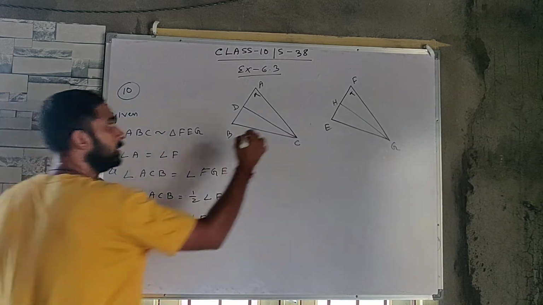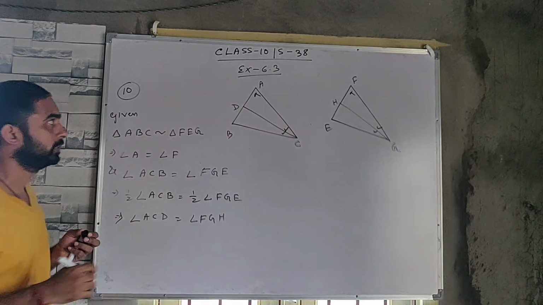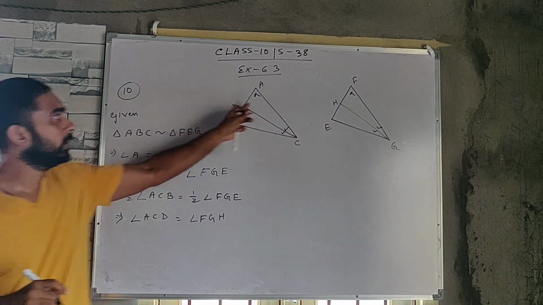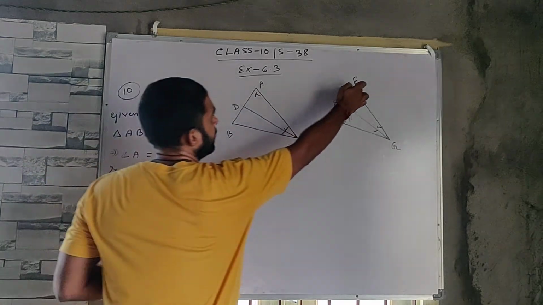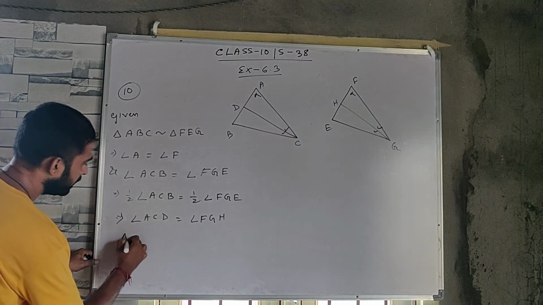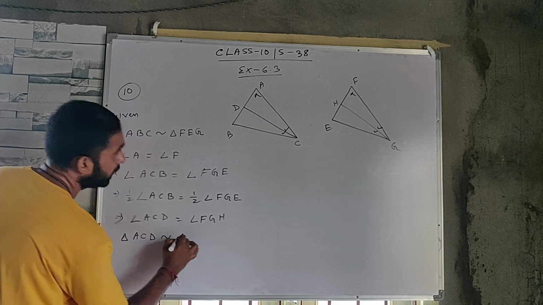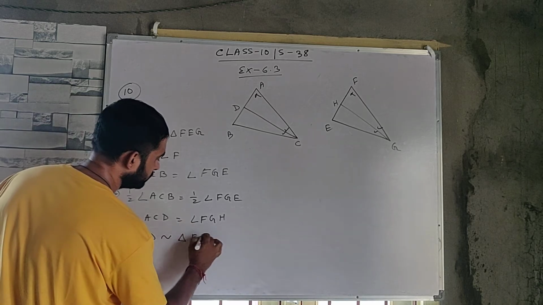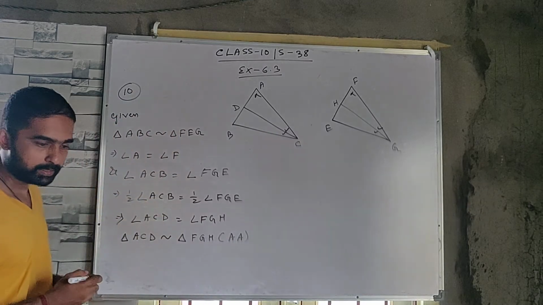These two angles are also equal because they are bisected. So if angle A equals angle F and angle ACD equals angle FGH, then by angle we can say triangle ACD is similar to triangle FGH.